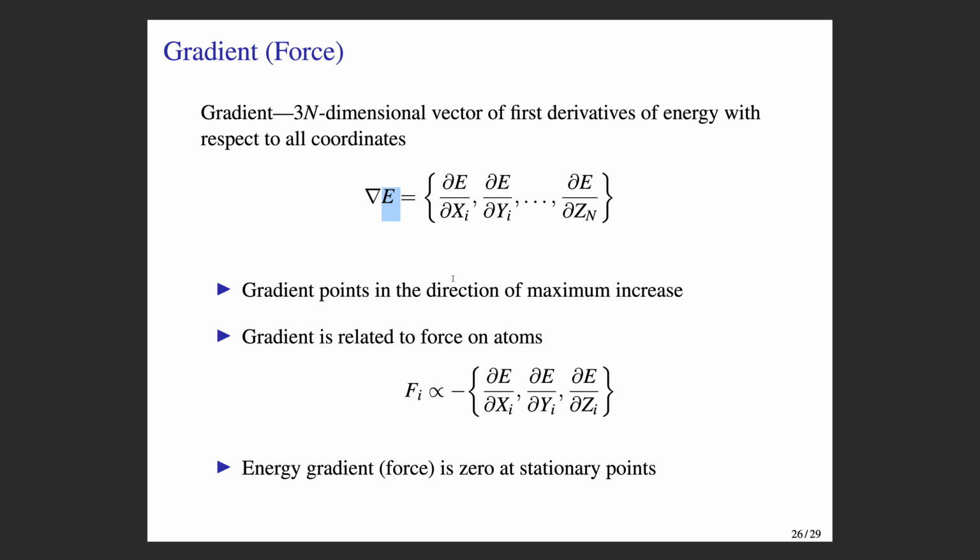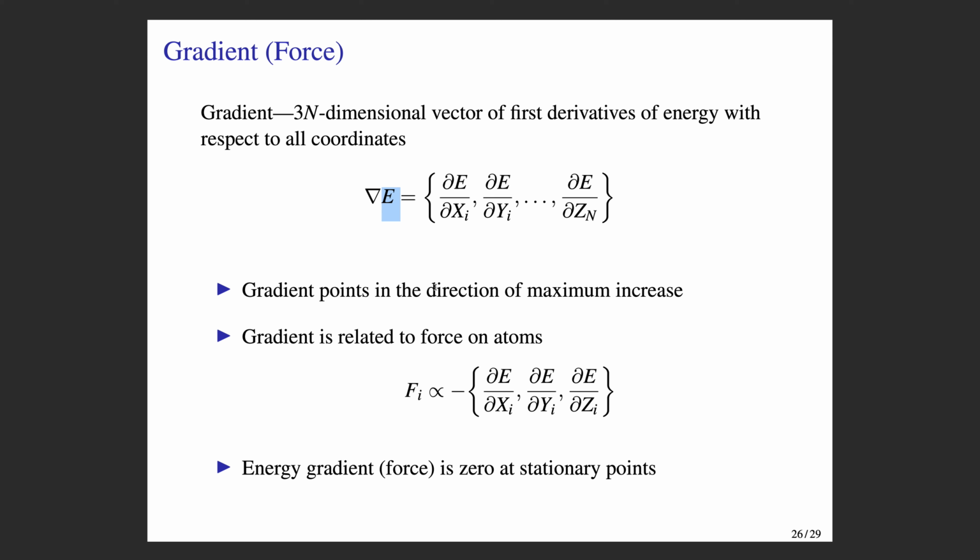You would want to go in a different direction, because if you follow the gradient, it's going to take you in the direction at which the energy maximally increases. You want to find the minimum, so you want to go in a different direction. And so that's the idea here. Gaussian is going to calculate these derivatives and then use them to find the minimum.